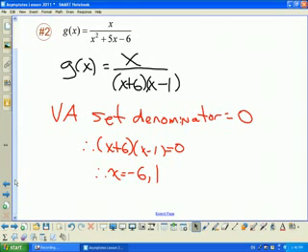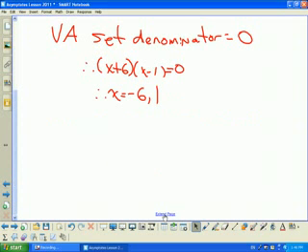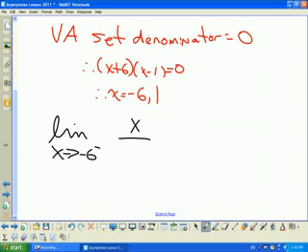So where are we? What do we have to do now? We have to do one-sided limits. We have to do 4 one-sided limits. Okay. Limit as x approaches negative 6 from the negative side of, is it x over? It is, isn't it?